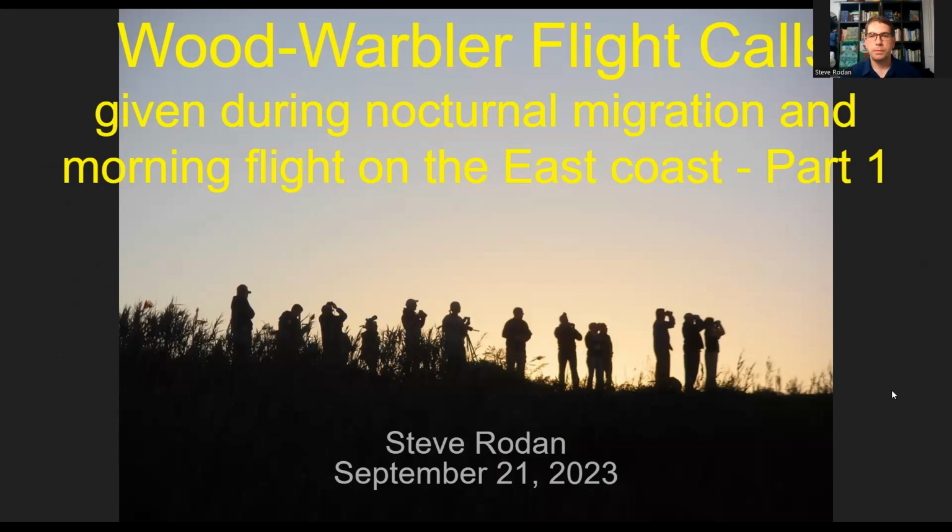Okay, wood warbler flight calls, which are given during nocturnal migration and diurnal migration in the early morning, known as morning flight. And these are birds seen mostly along the East Coast, such as Higbee Beach at Cape May, New Jersey, as seen in the background here. On a good morning with moderate northwest winds, you may see twice this many people up there at dawn, watching the spectacle of morning flight.